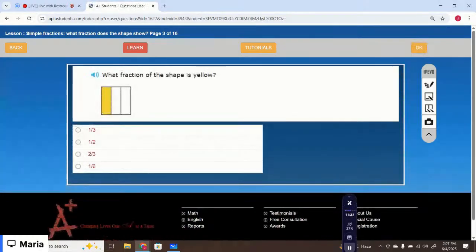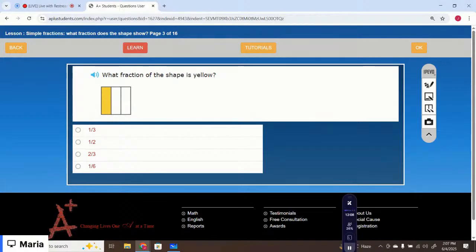What fraction of the shape is yellow? That is option number one.